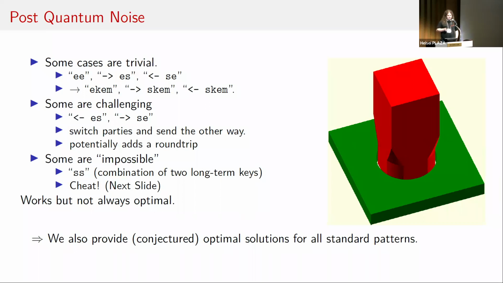Then we have the case where it's being sent the other way around, where the sending party's static key is used and the receiving party's ephemeral key. And it turns out that if we try to translate it into KEMs, it's really non-obvious what to do there, because what this essentially means is I have my static public key and the other guy has an ephemeral secret, the randomness intended to encapsulate.